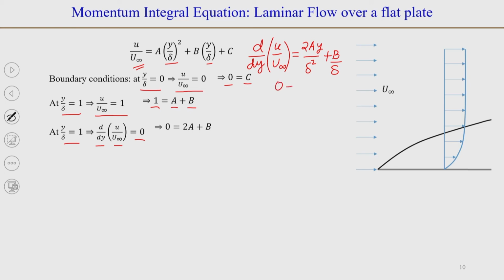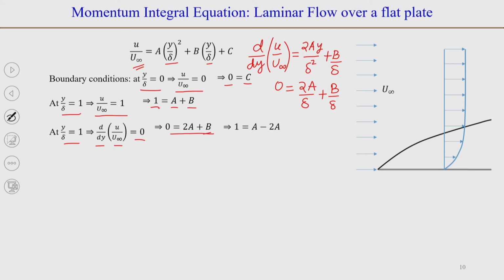So, we get 2 a over delta plus b over delta is equal to 0, or we can simply write 2 a plus b is equal to 0. From this we can say that b is equal to minus 2 a.